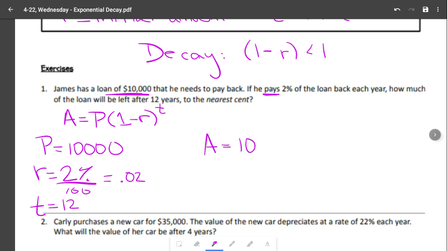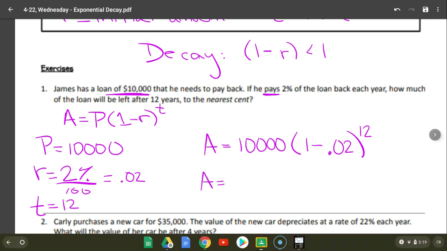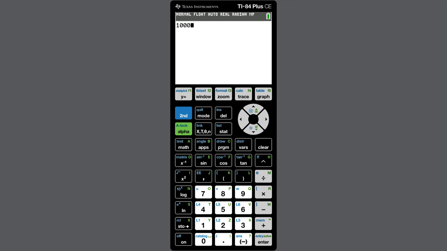So we are going to plug all of this straight into our formula. And then from there, you can plug it straight into your calculator. So we have 10,000 times 1 minus 0.02 to the 12th power.